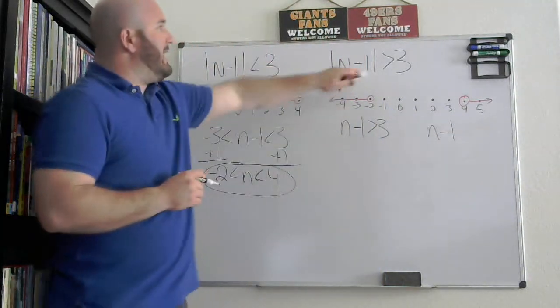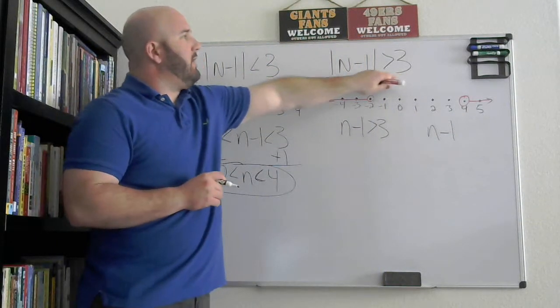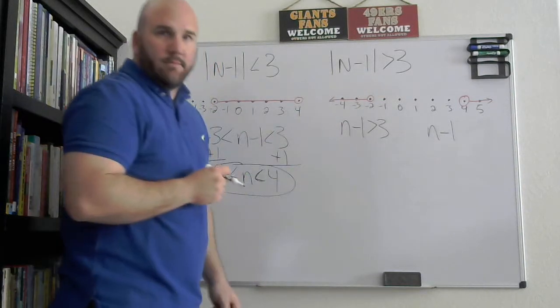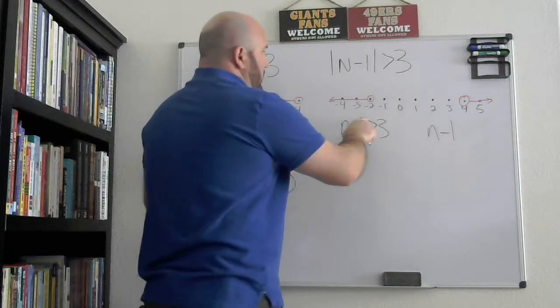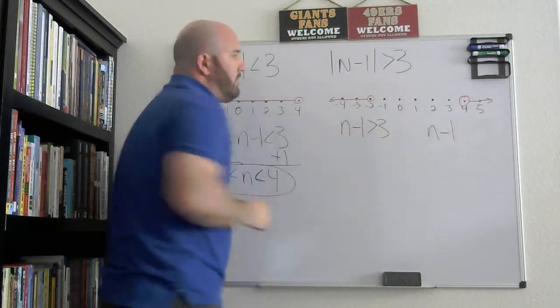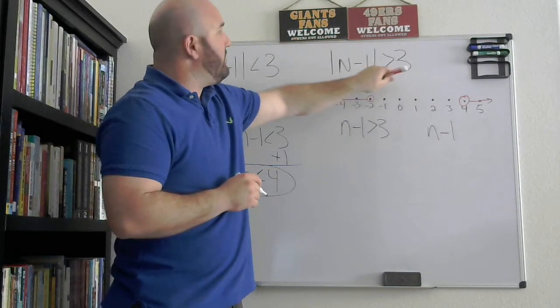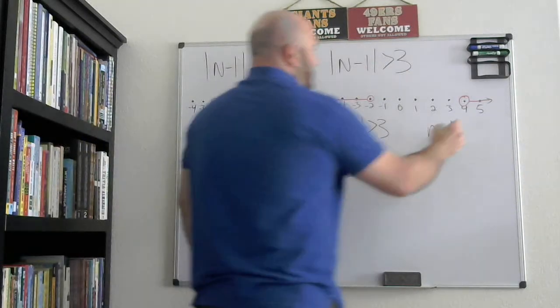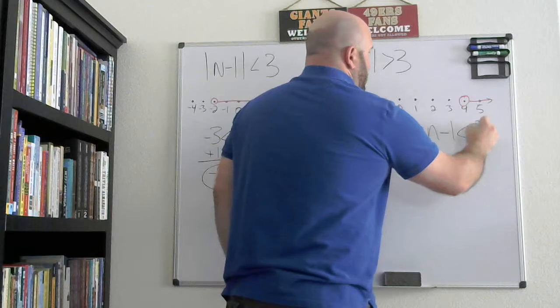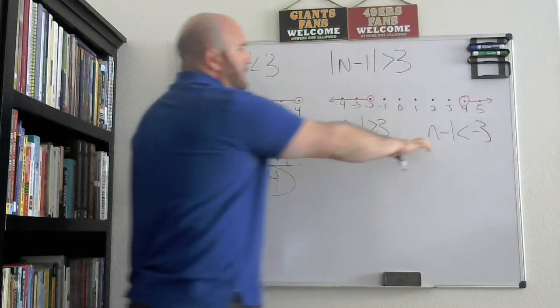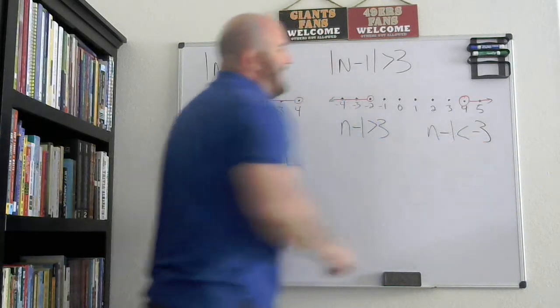Now, when you set it equal to the negative value, you have to flip your inequality sign. Okay? So here we have n minus 1 is greater than 3, but now we're going to set it equal to the negative value. We have to flip our inequality sign. So now n minus 1 is greater than 3, and n minus 1 is less than negative 3.